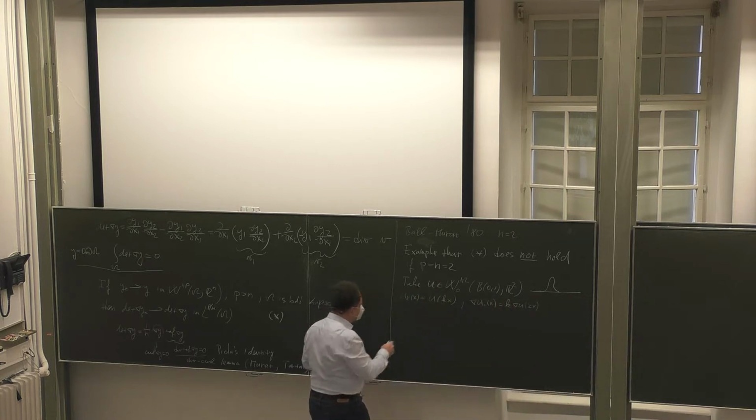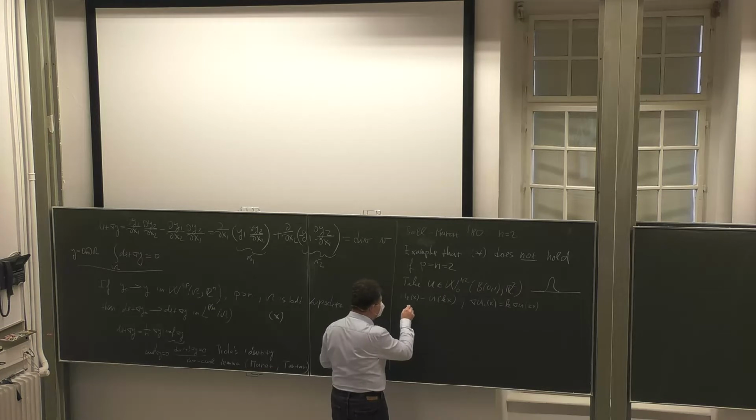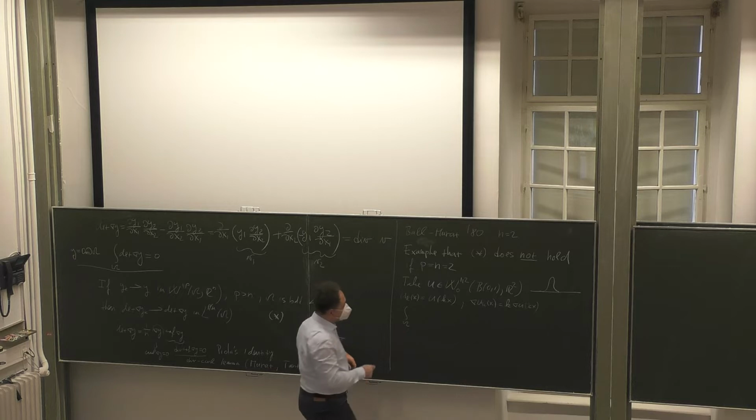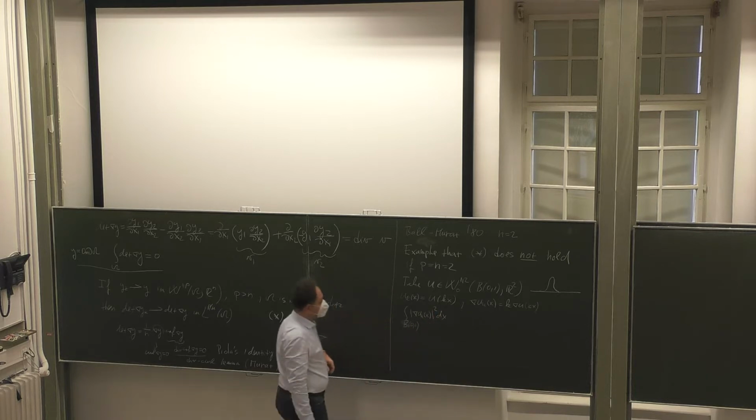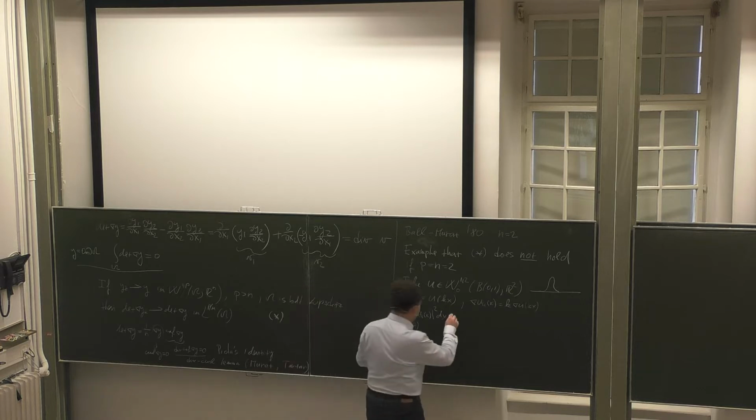What you can show, first, is that if you do the integral over omega, you calculate u_k, maybe the ball here, then just plug in what we have here.